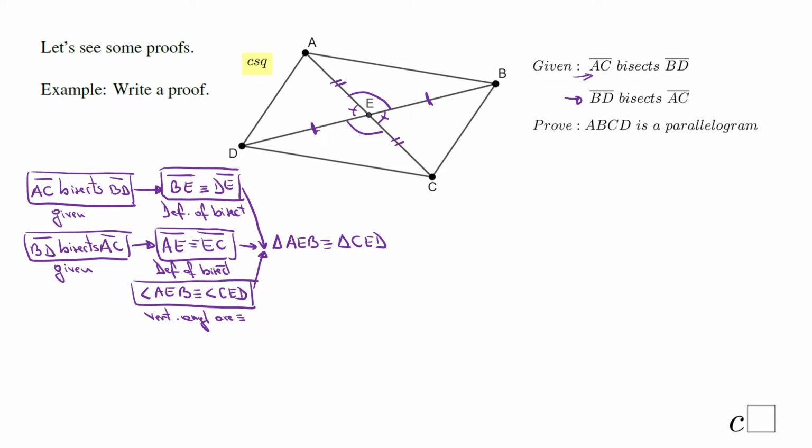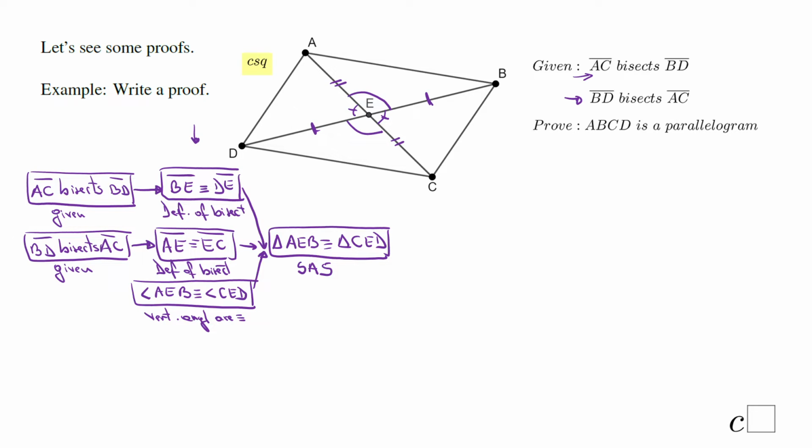And what's the reason here? The reason is right here in this part. You notice we have the sides, two corresponding sides congruent, and the angle included. So that will be side, angle, side. Let me box this first.